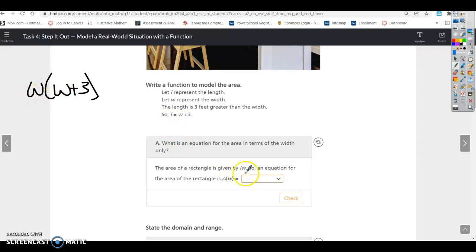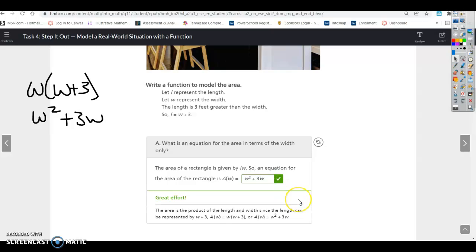Okay, so this is our length times our width, so it's going to be W squared plus 3W. All right, so that's going to be W squared plus 3W.